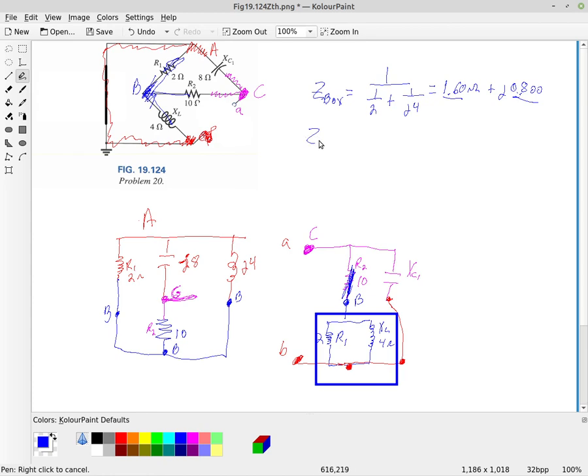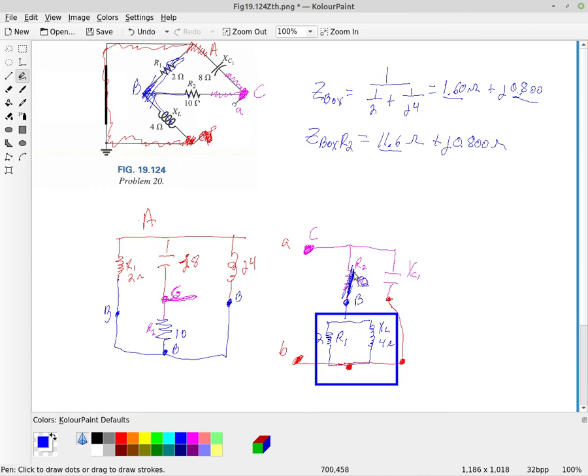So we'll call this Z box R2, and just combine it together. That's in series, so we're just going to add the 10 ohms to that. That gives us 11.6 ohms, and there's my 3 digits now, 11.6 ohms plus J 0.800 ohms.